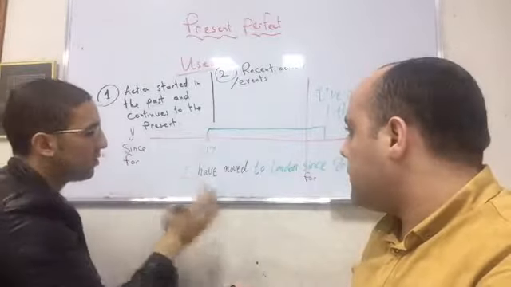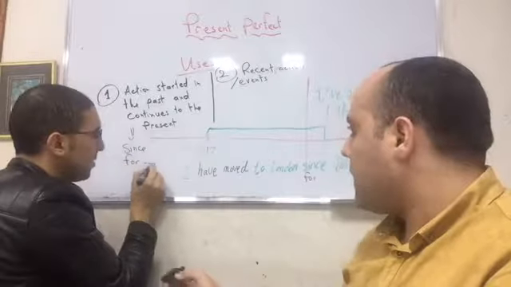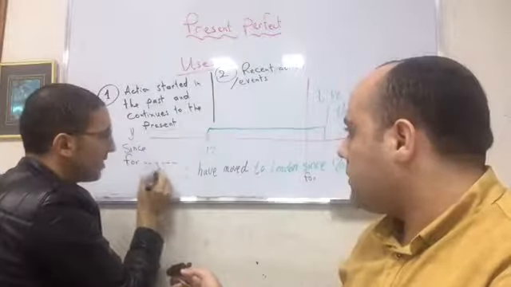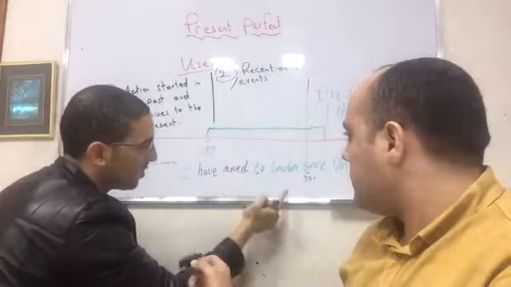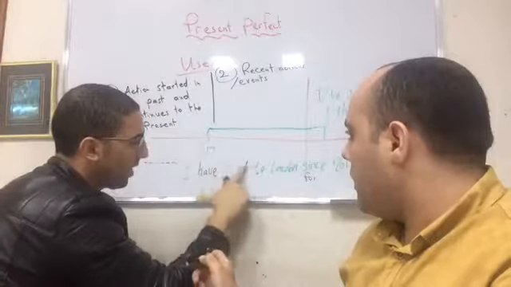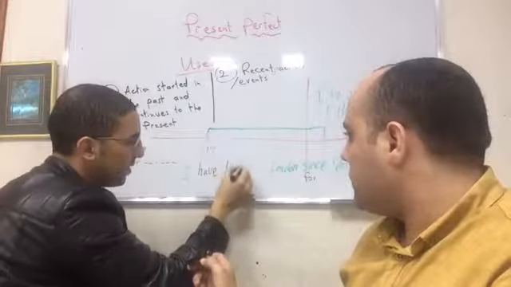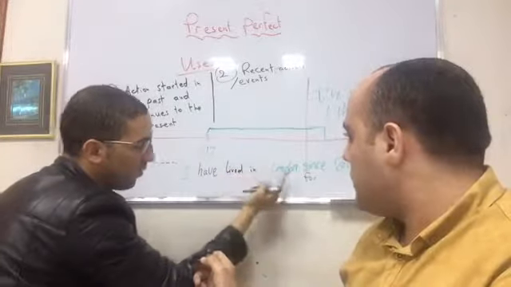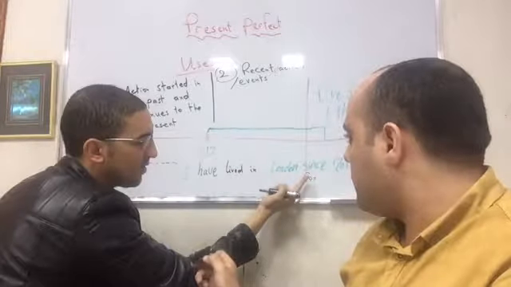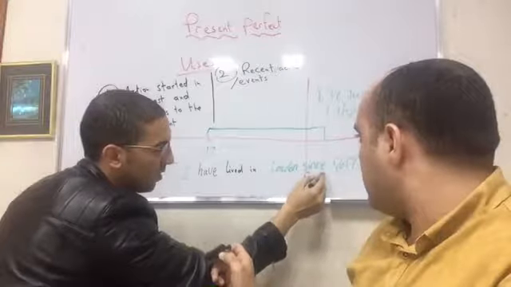For example, I have lived in London. You can say since 2017, or you can say for 5 years, or for 1 year.